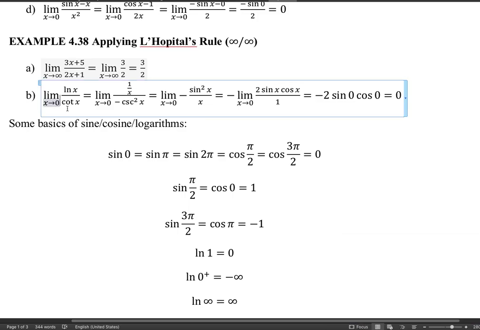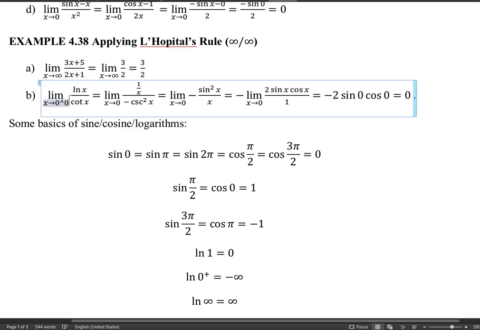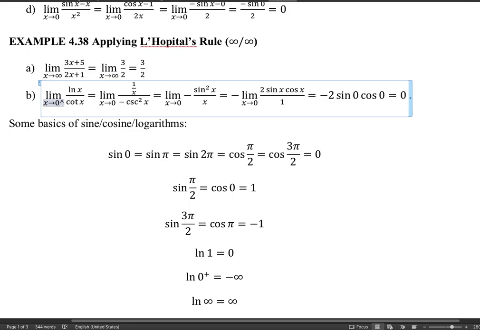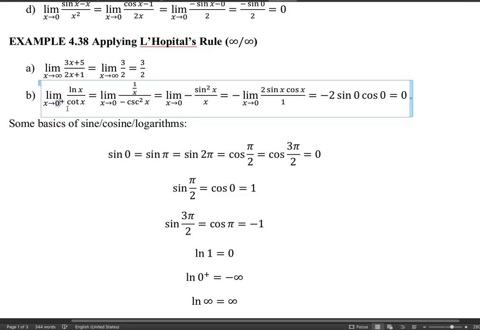It is x approaching 0 from the right, because for the logarithm, you cannot have the logarithm of a negative number. It has to be positive. Besides, ln x as x approaches 0 is approaching negative infinity.